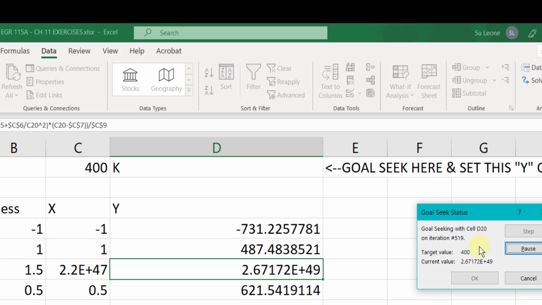Okay, we're at 500 iterations. It still hasn't found an answer. Now, obviously, you couldn't do all that many calculations that fast, but it can, and that's the value of Goal Seek.